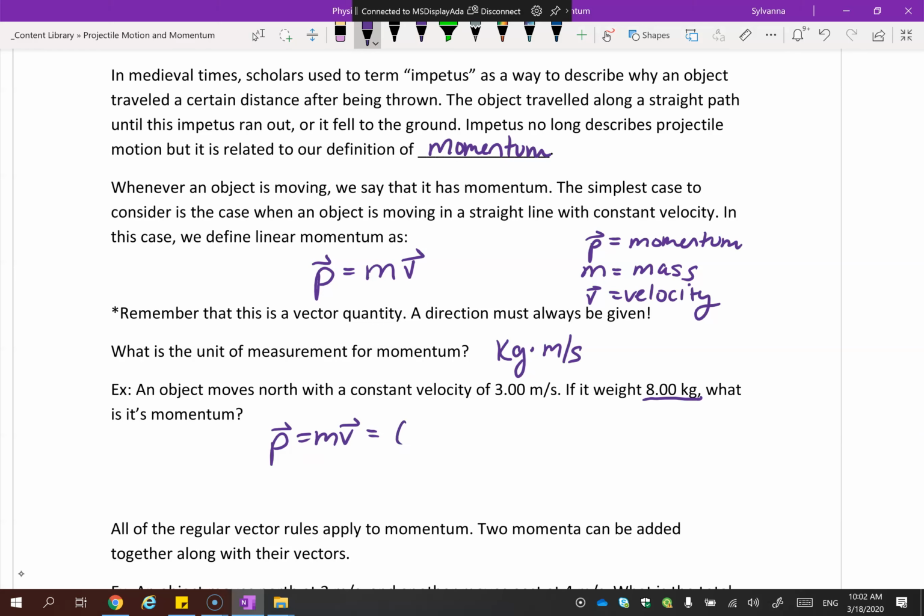It is 8 kilograms, and v is 3 meters per second. 8 times 3 is 24, and we're left with the units of kilograms times meters per second. Remember, this is a vector, so we do need to provide a direction. The question says an object moves north, so our direction is just going to be north.